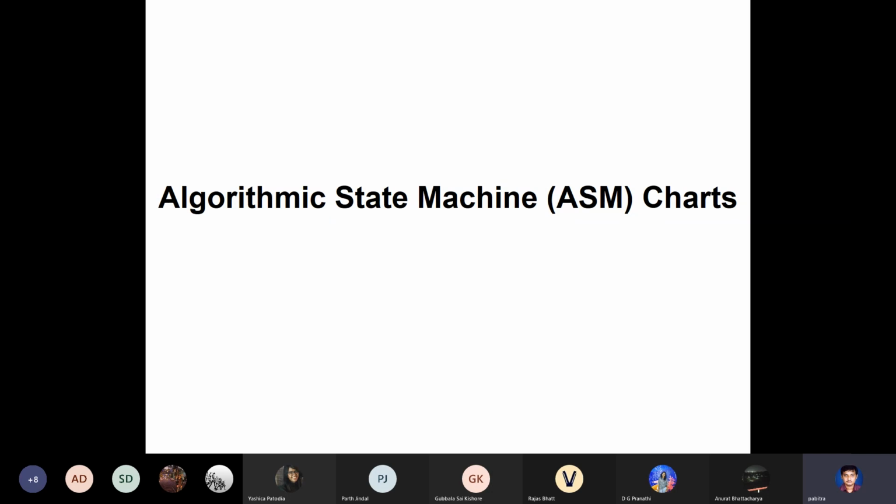All right. So today we'll study one more representation of finite state machines. So far you have represented finite state machines either using a bubble diagram, the transition graph, or a table, a state transition table.